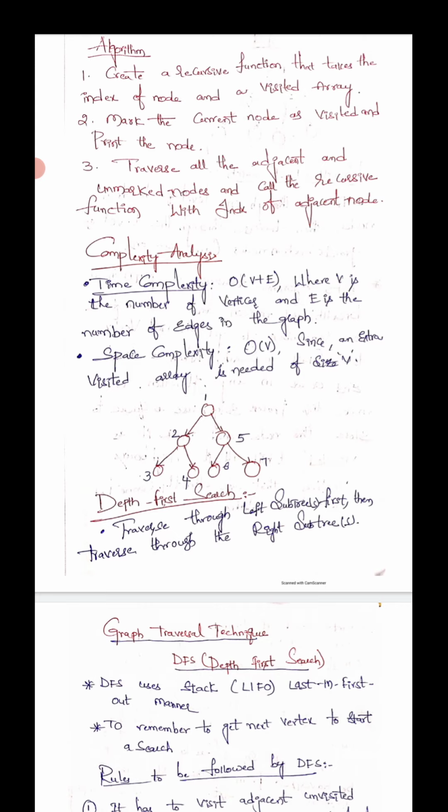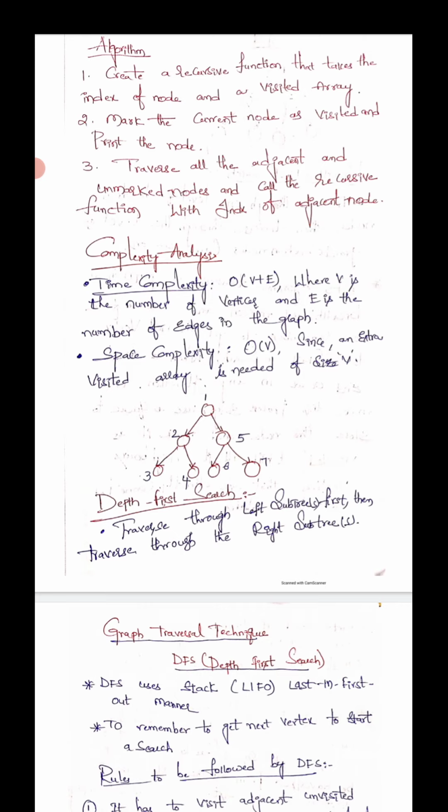Adjacent means, if we select some root node, the connected vertices are the adjacent vertices. We traverse all the adjacent vertices and unmarked nodes and call the recursive function with the index of the adjacent node. These 3 steps we follow for the depth first search algorithm.